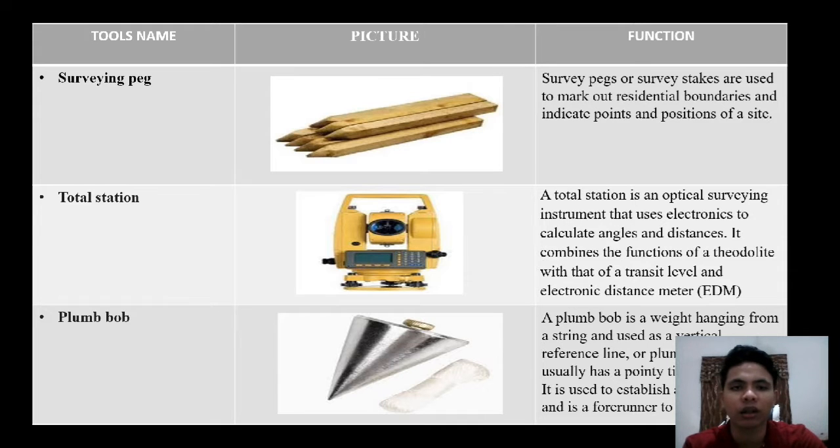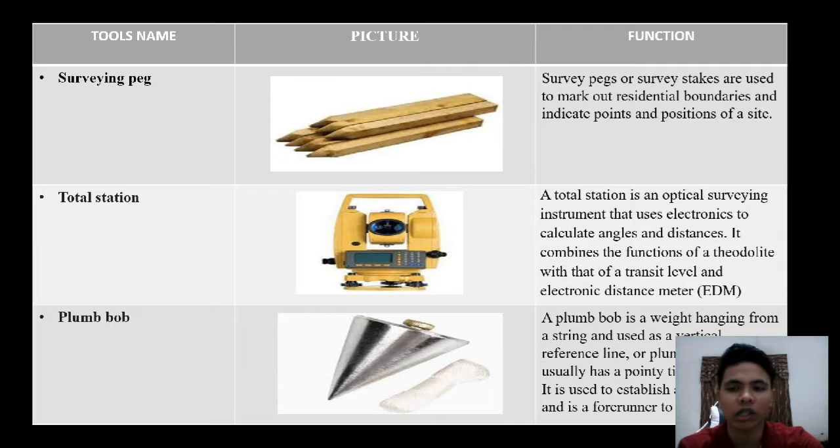It is a weight hanging from a string and used as a vertical reference line, or plumb line. It usually has a pointed tip on the bottom. It is used to establish a vertical datum and is a forerunner to the spirit level.